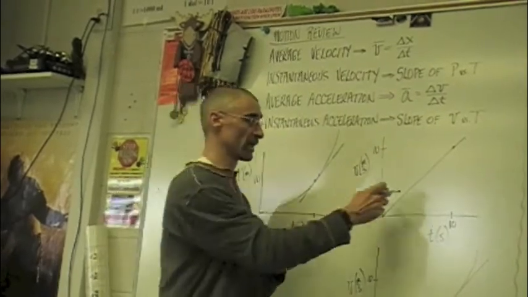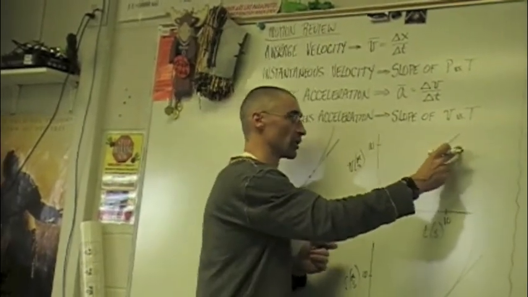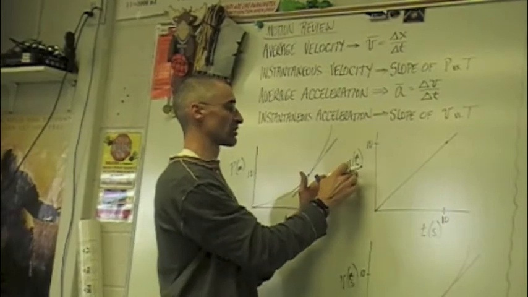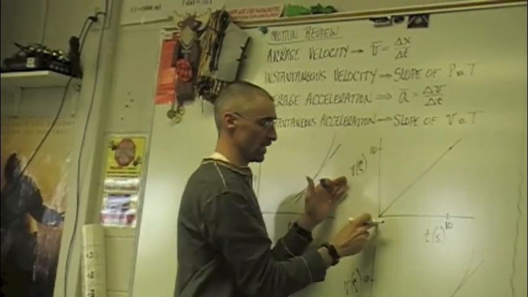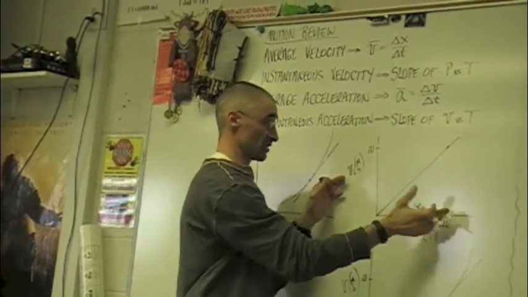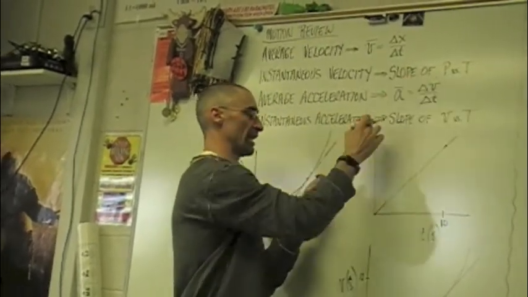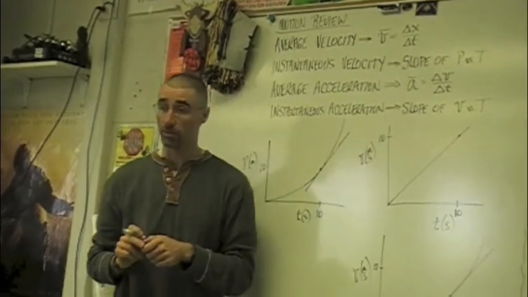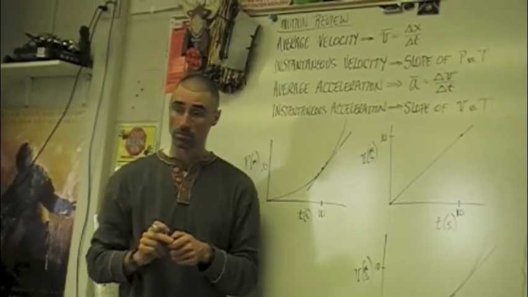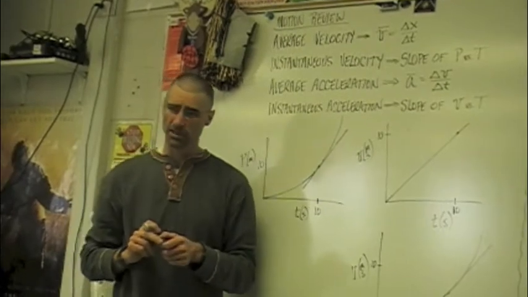Okay, because we're accelerating at the same rate. So in that case, we could take our change in velocity, which in this case would be 10, and the change in time, which in this case is 10, and we would get an average acceleration of 1 meter per second, or 1 meter per second squared. Okay, does that kind of make sense?